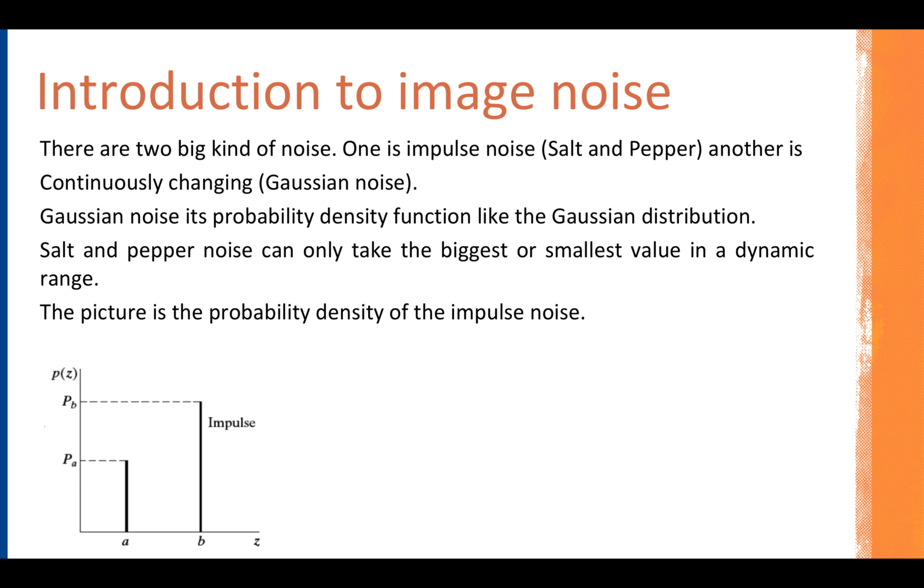Gaussian noise has a probability density function like the Gaussian distribution. Salt and pepper noise can only take the biggest or smallest value in a dynamic range. The picture here is the probability density of the impulse noise. Here is the mean value, and here is the max value. It gives us a clear picture.